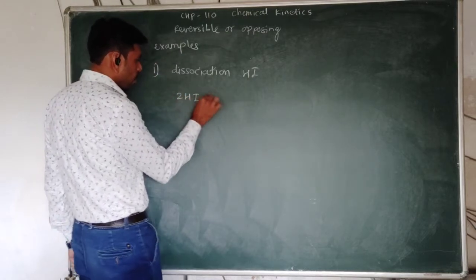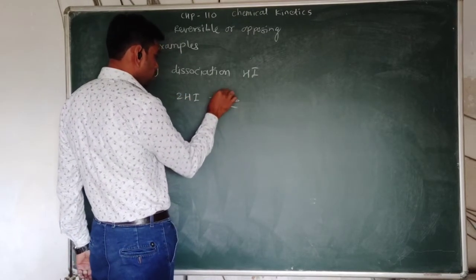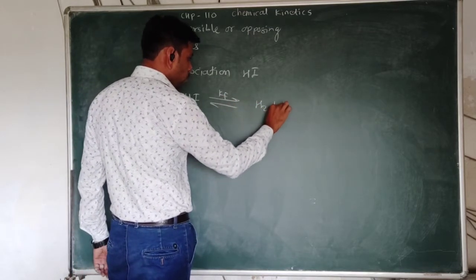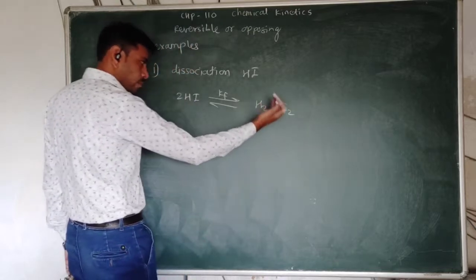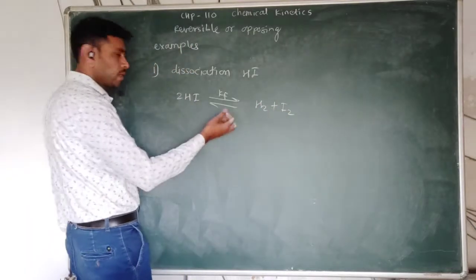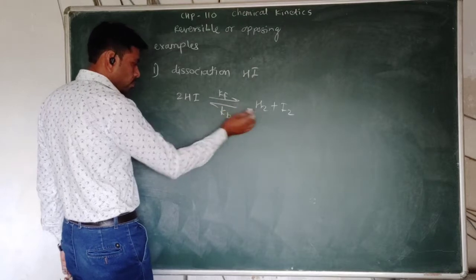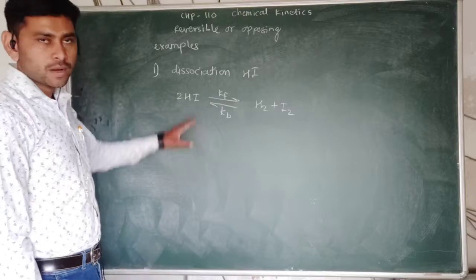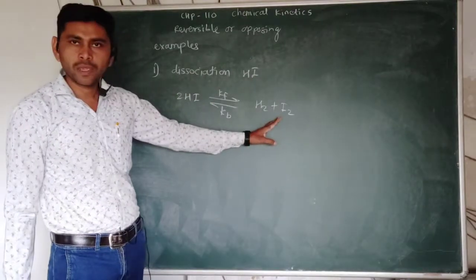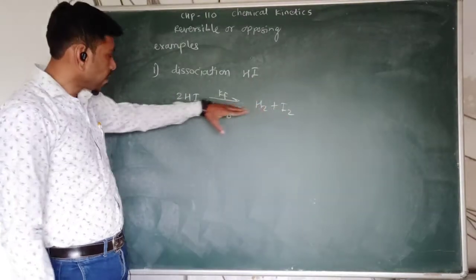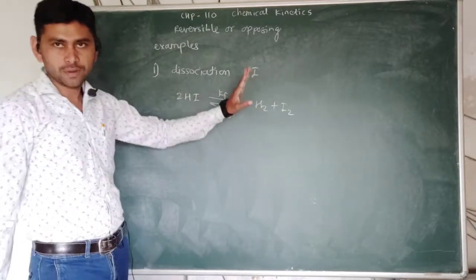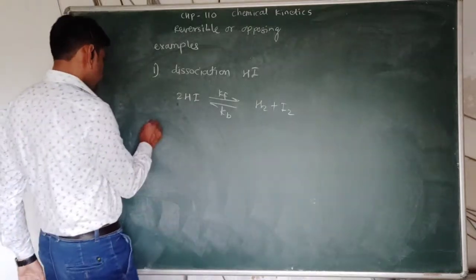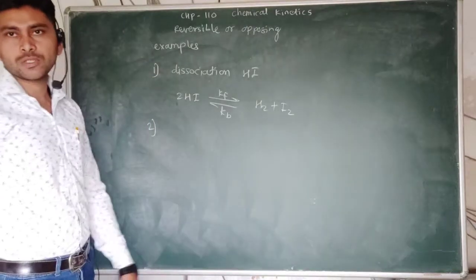Twice HI reacts, and the forward reaction gives H2 and I2, but these two also combine via the reverse, backward reaction to obtain hydrogen iodide again. So hydrogen iodide dissociates into H2 and I2, and at the same time there is a possibility of the combination of H2 and I2 to form hydrogen iodide again.